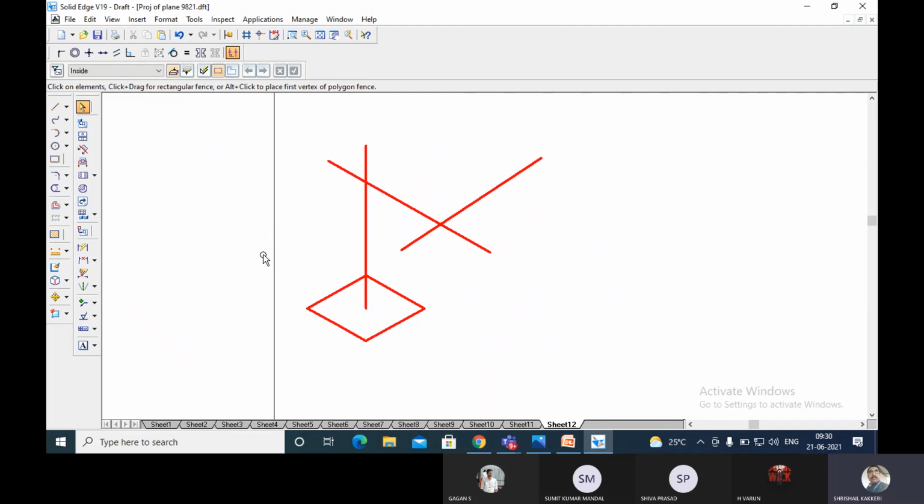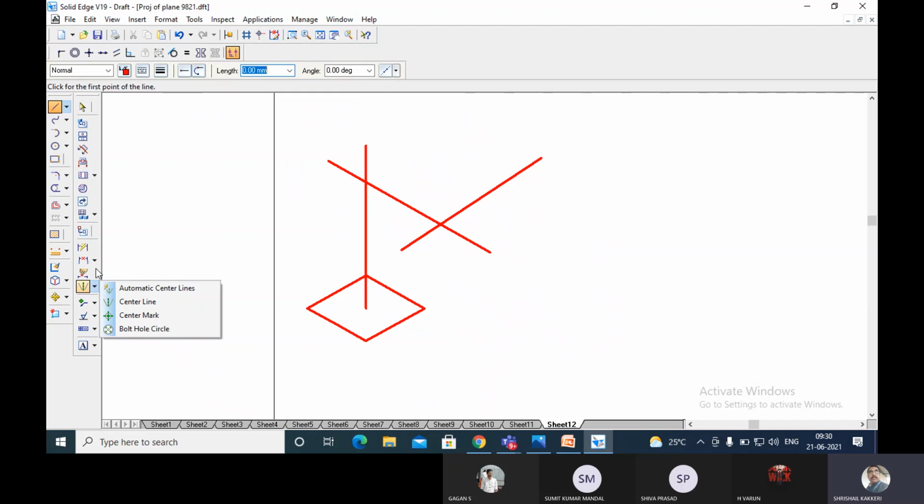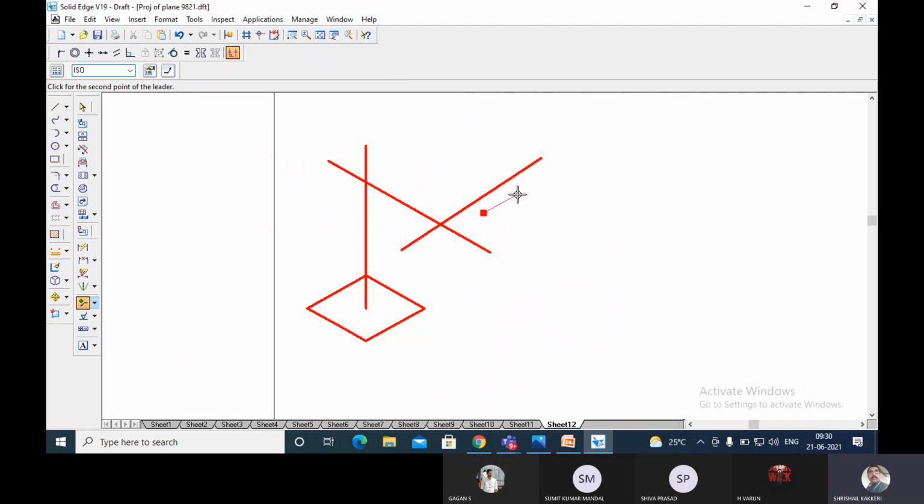Is it not possible to show? And you can show the R mark here. This movement is the X direction, and this direction and this direction. Arrow marks X, Y, Z. You can write that.